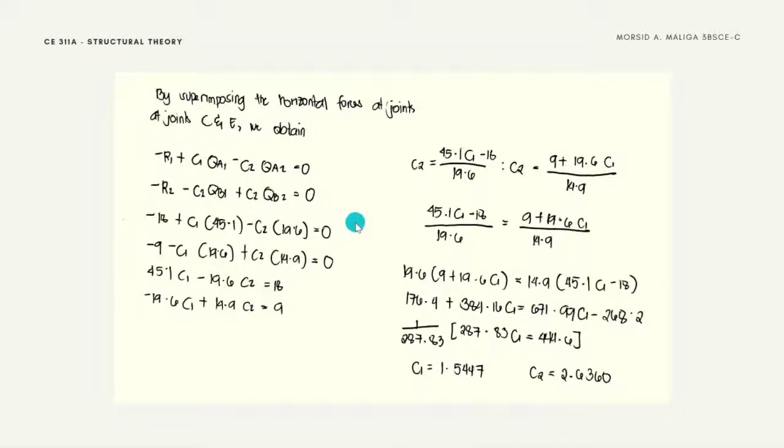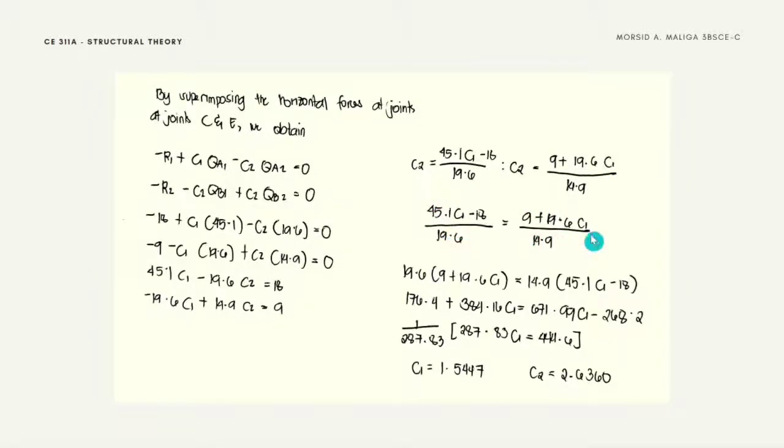So, to get it, we equate the two equations. C2 is equal to 45.1 C sub 1 minus 19 all over 19.6, and also 9 plus 19.6 C sub 1 all over 14.9.